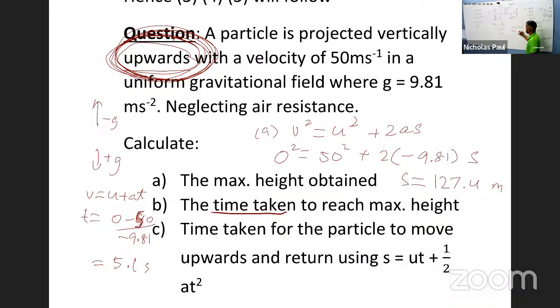The initial velocity is 50. The acceleration is minus 9.81 by t squared. Let's take this out.